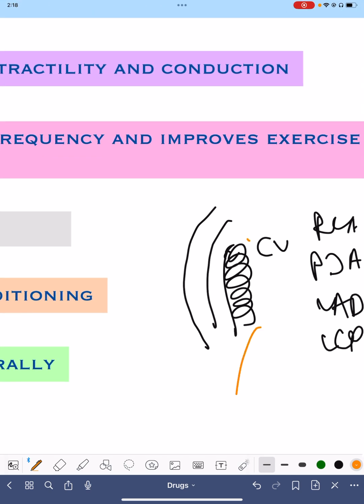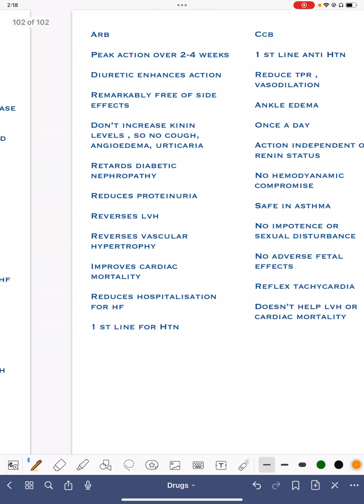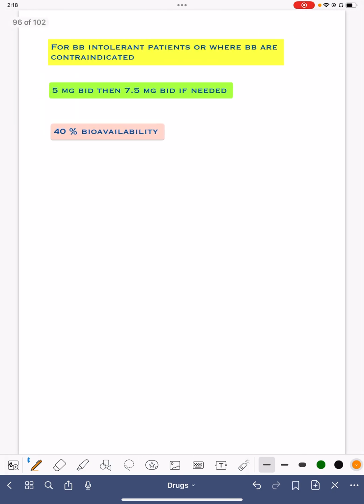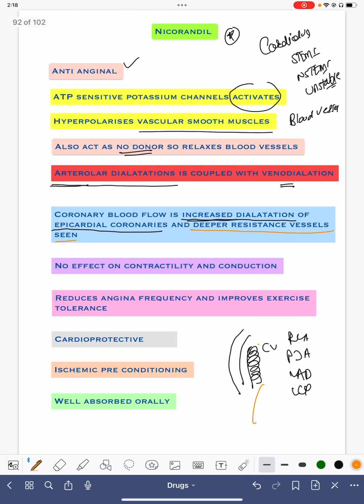So just imagine that this is the myocardium. The epicardial artery is coming here, and this epicardial artery goes inside and supplies the muscle. So this Nicorandil not only dilates this epicardial artery, but it also dilates the resistance vessels which are going inside the myocardium.